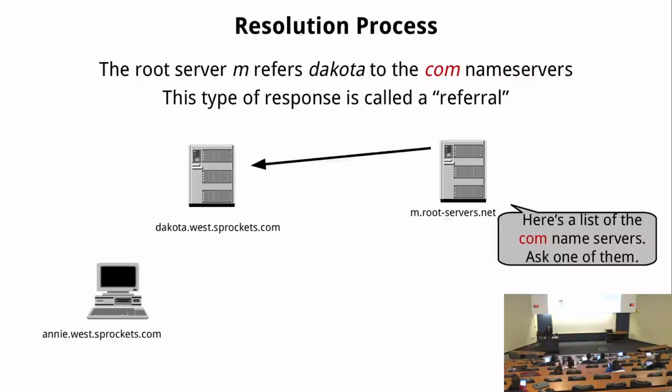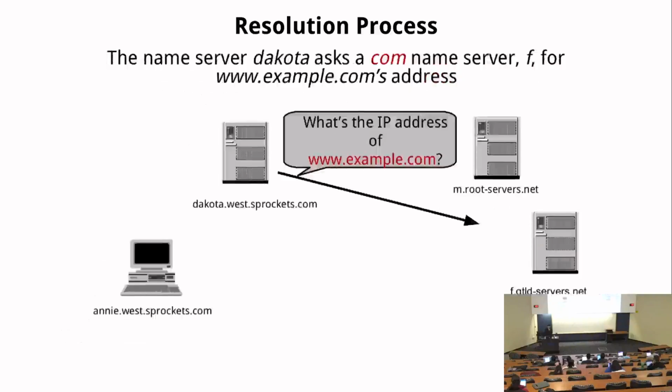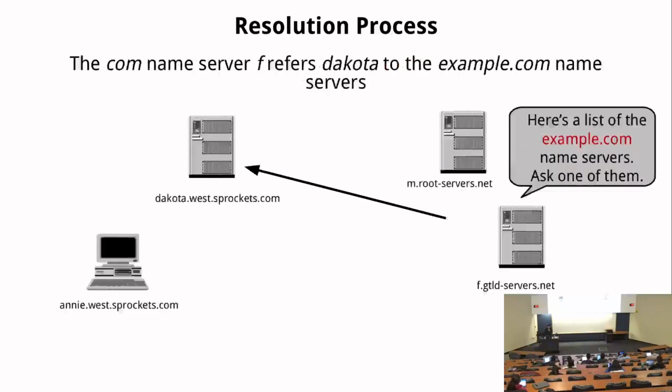Then it will refer Dakota to the .com name server, which in this case is f.gtld-servers.net, a global top level domain name server. Then Dakota will ask this server, what is example.com?